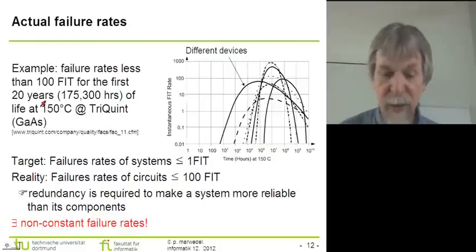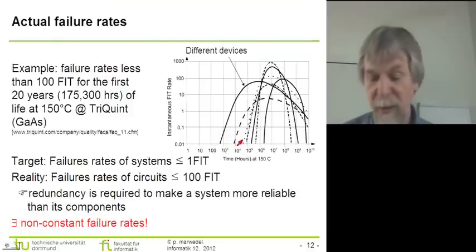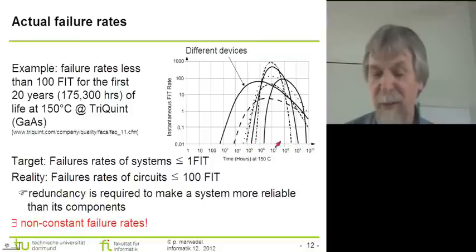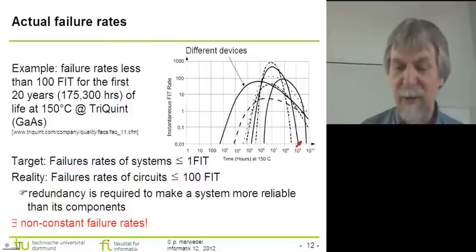Actually, you can see from this chart that 135,000 hours roughly correspond to 20 years. So somewhere over here we have about 20 years, and you see that this scale is a logarithmic scale, so we are talking about many hours there, and nobody would ever have time to actually run experiments that would take this amount of time.